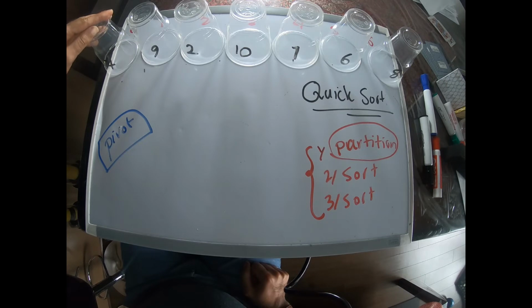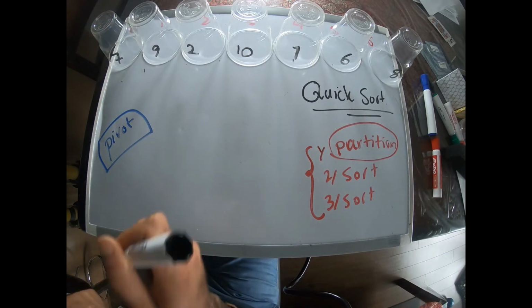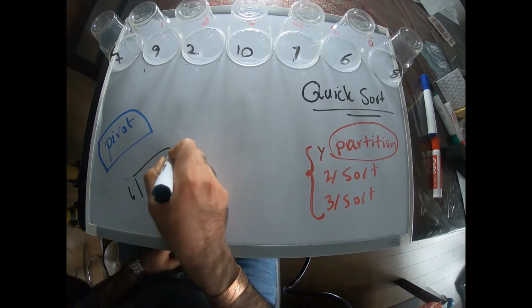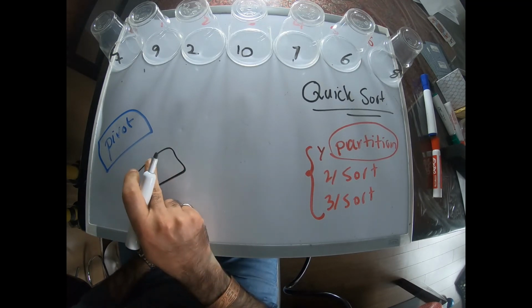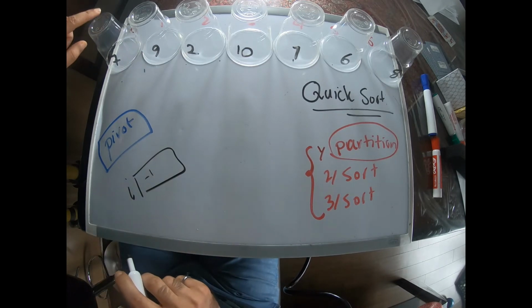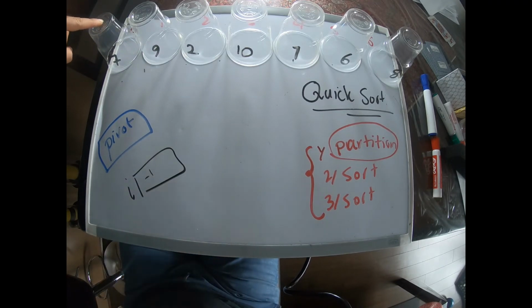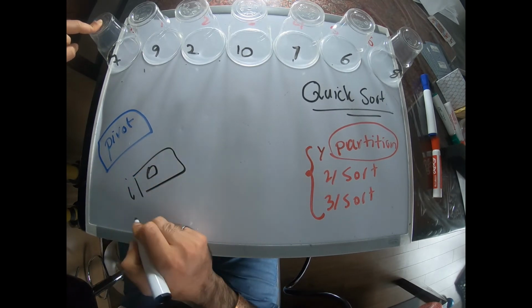If this is smaller than the pivot, I have a variable that I initialize with -1 and increment it. So once I find a number smaller than the pivot, I increment this one, so this becomes 0.